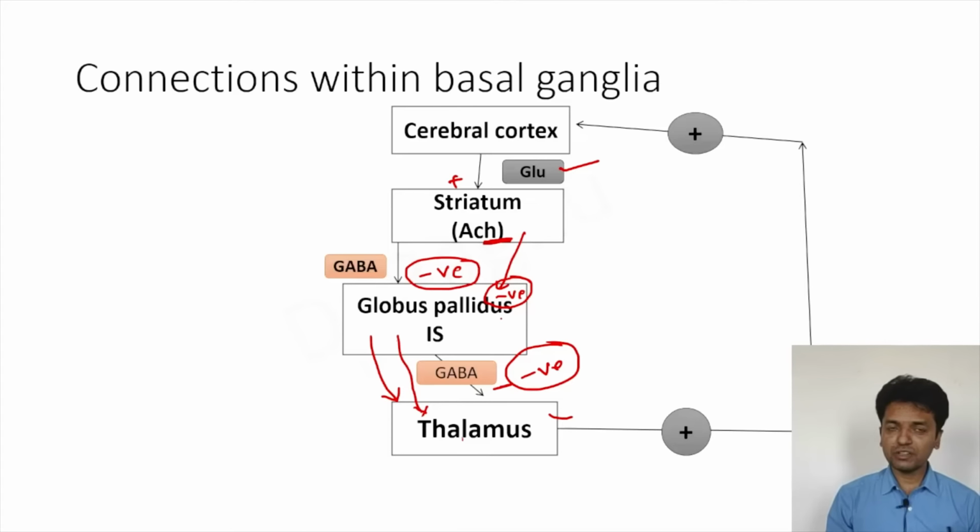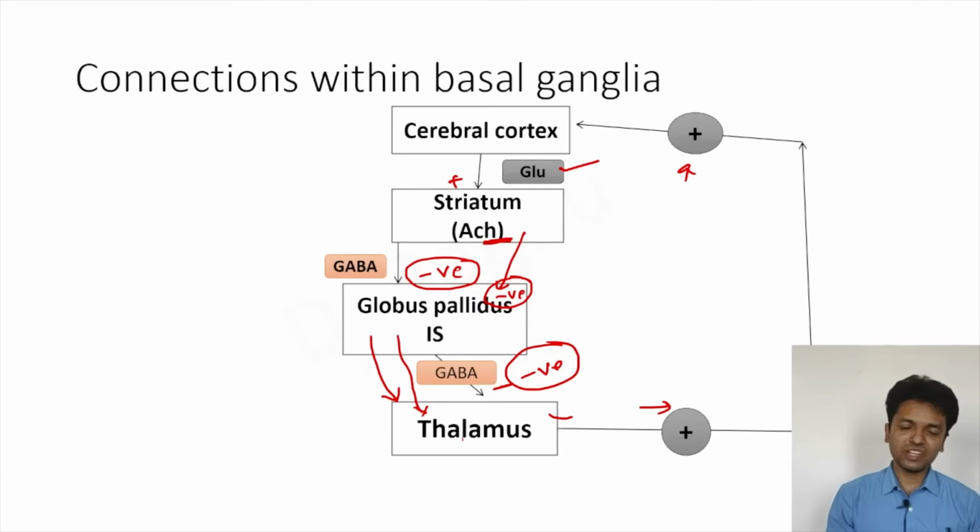The information from the globus pallidus internal segment to the thalamus is again an inhibitory impulse. So the striatum is inhibiting that inhibitory impulse. So there is an inhibition of the inhibition. When there is an inhibition of the inhibition, the output is going to be excited. I hope you understood this. And this is called the direct circuit, and the direct circuit is excitatory.